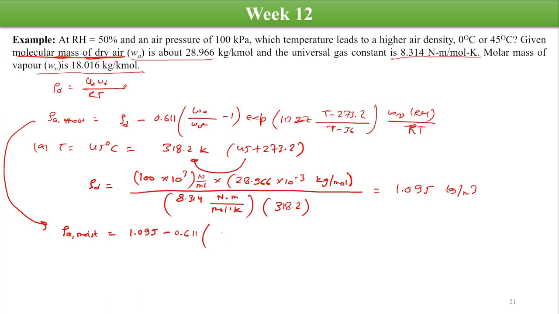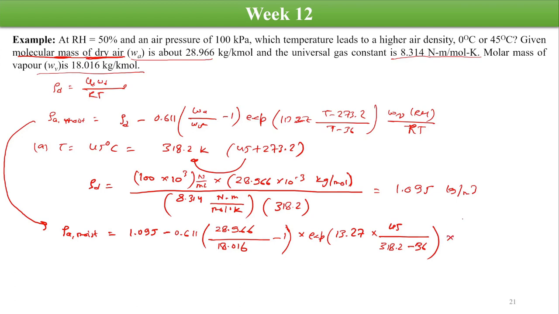Here W is the molecular mass of the dry air, that is 28.966, upon the molecular mass of the vapor, 18.016, minus 1, into exponential 13.27 multiplied by T minus 273.2, the temperature in degrees Celsius, that is 45, upon 318.2 minus 36.